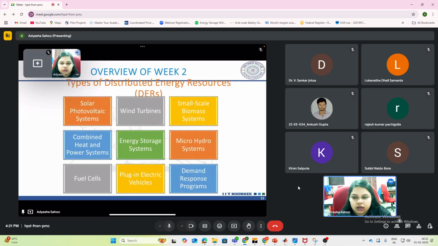Then next we had the various types of distributed energy resources, and we will study solar and wind in detail.